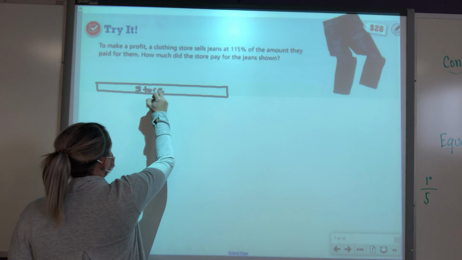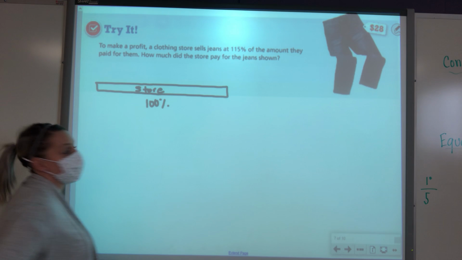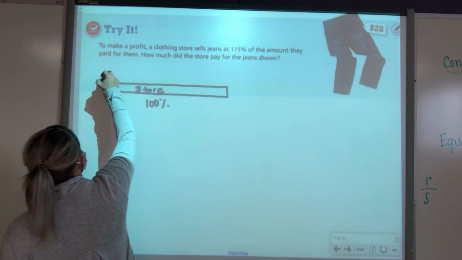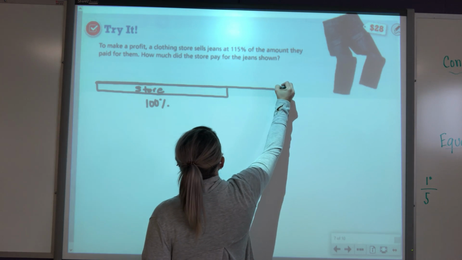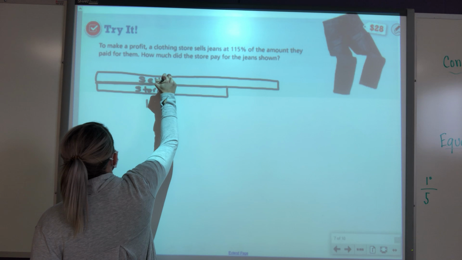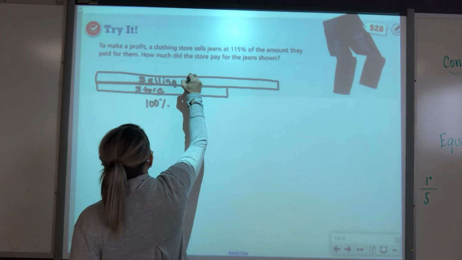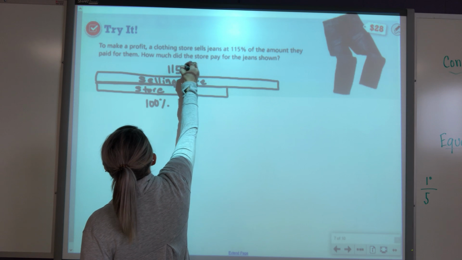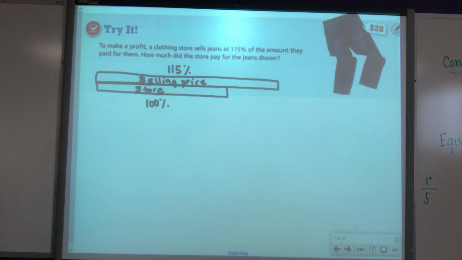This is how much the store paid for the jeans, correct? Okay. This is how much they're selling the jeans for. And we know that is 115%.